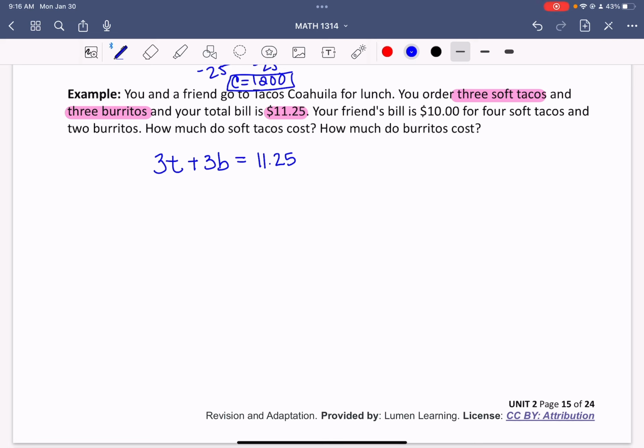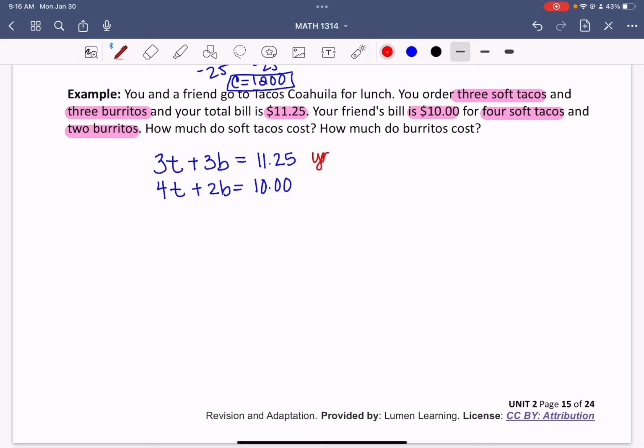Your friend's bill is $10 for 4 soft tacos and 2 burritos. And so 4 soft tacos and 2 burritos totaled $10. So now we have 2 equations, 2 variables, and we're going to set this up and solve.